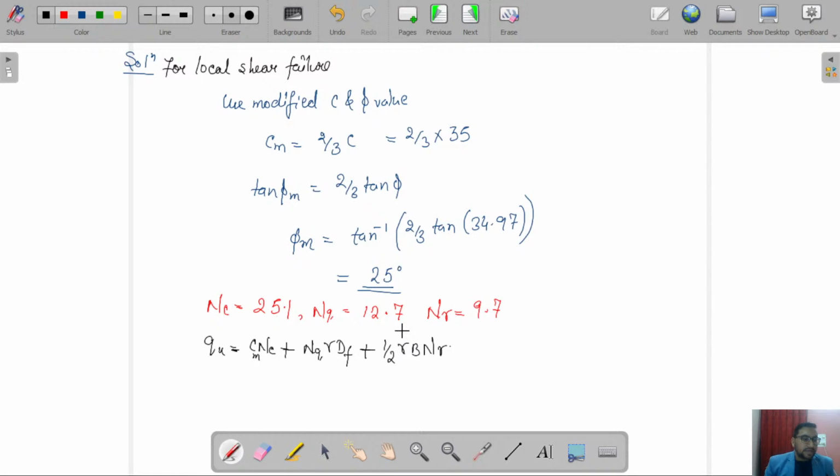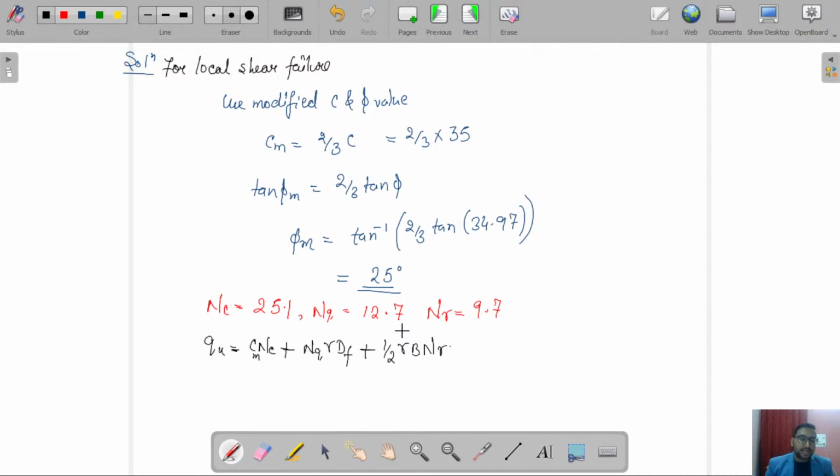If you get a value between 20 to 25, although these relations are not linear, generally interpolations are done for linear relations. But if you see the variation of Nc, Nq, N gamma with phi, it is a non-linear variation.